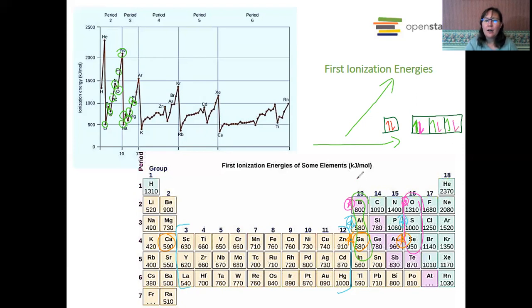So here we see that they're easier to remove because there's that big jump. It's up higher, and it took more to put it up there in the first place. Then here we see a little bit of a decrease in ionization energy because it's easier to take out the electron that had to double up, first from the other ones, and then it goes up from there.